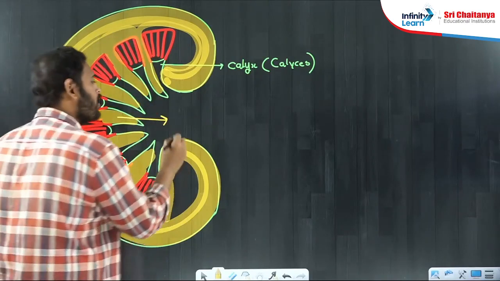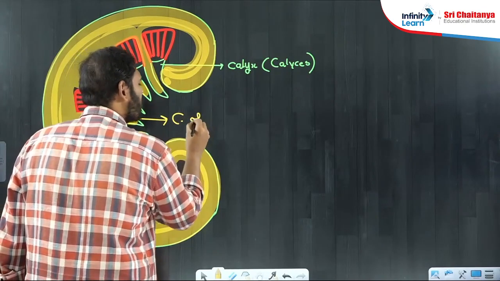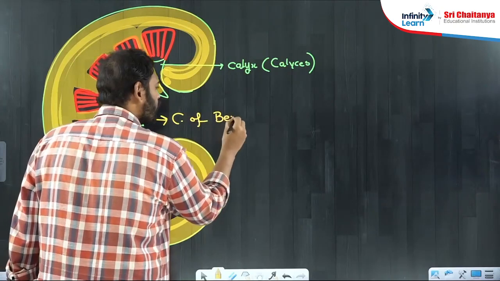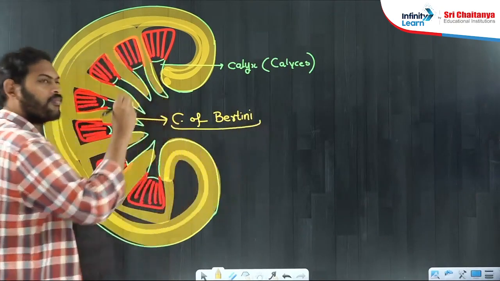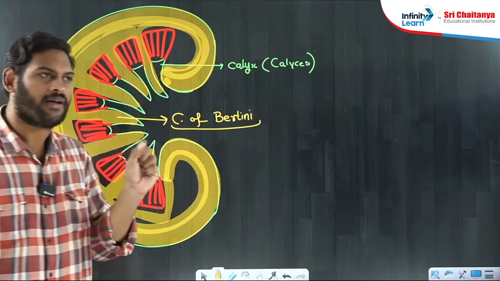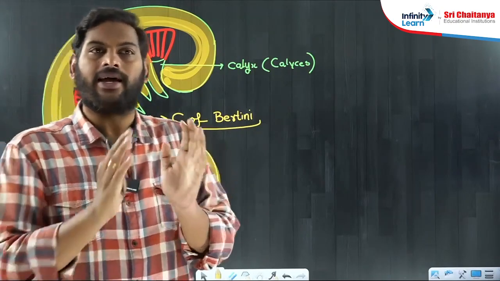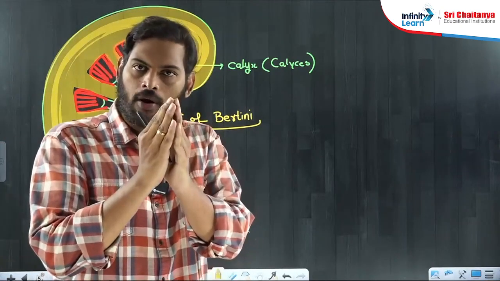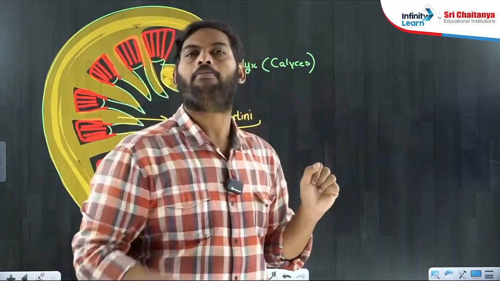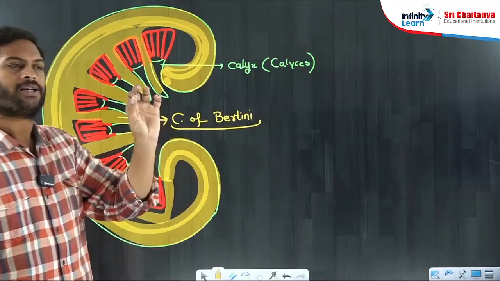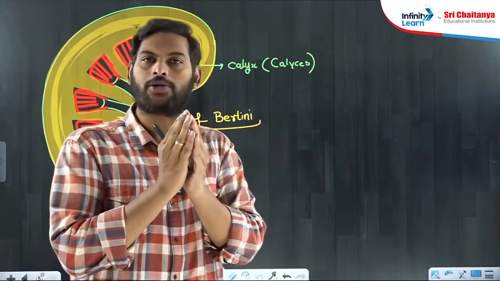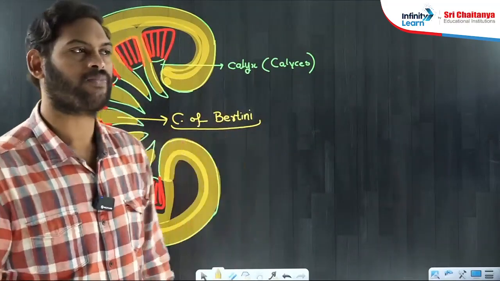We refer to them as columns of Bertin. Columns of Bertin are extensions of the renal cortex into the medulla.